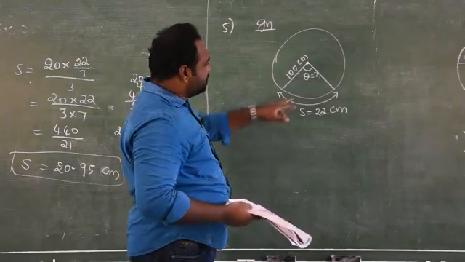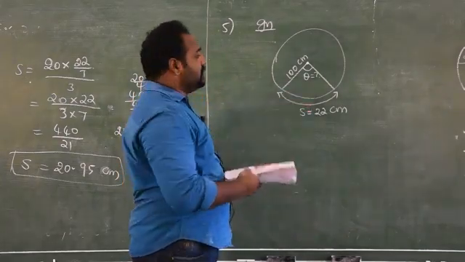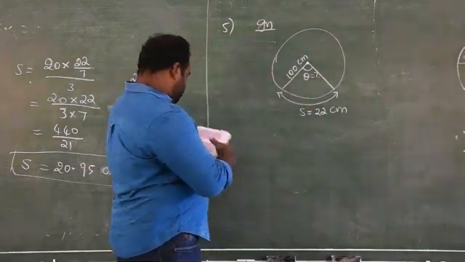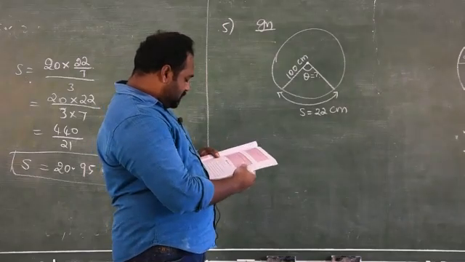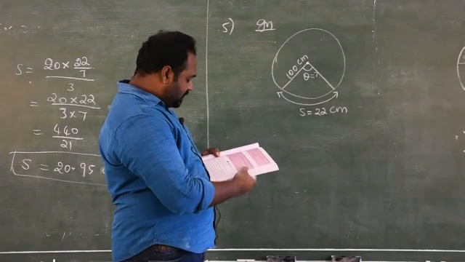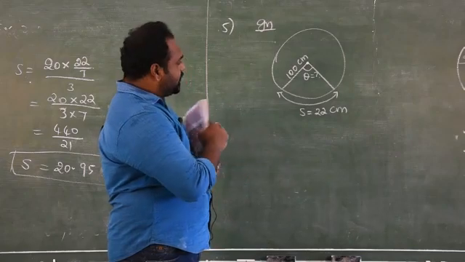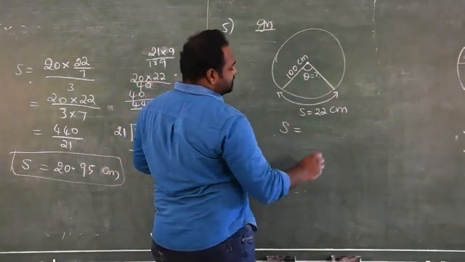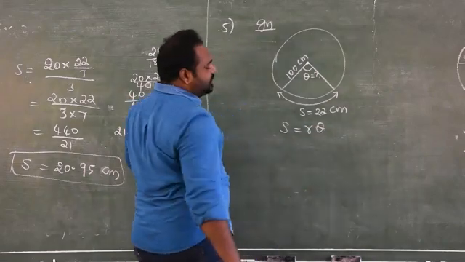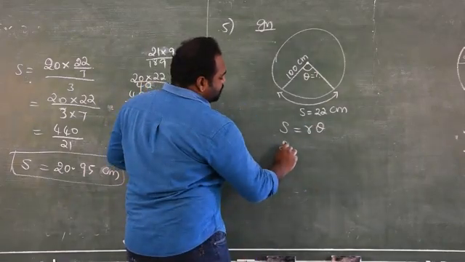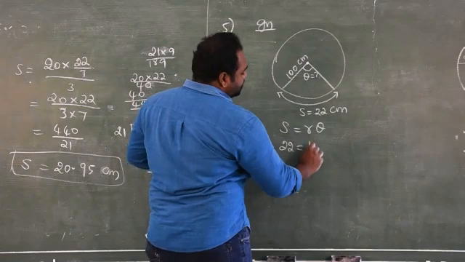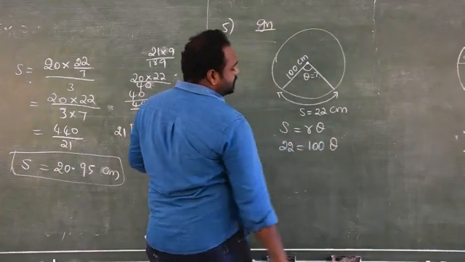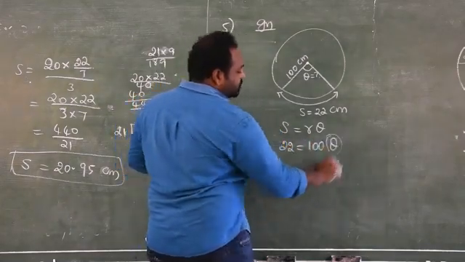Using this, they are asking to find out the theta value. We know how to find theta value. So the theta value is supposed to be given in degree measurements. Okay, so here I am going to use the sector formula S is equal to r theta. S is given, 22 equal to r, which is 100, into theta. So this theta is supposed to be found out.